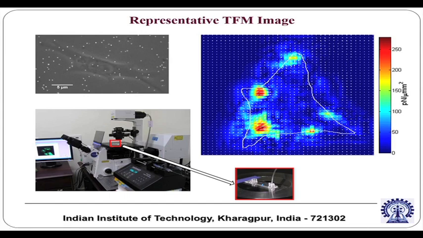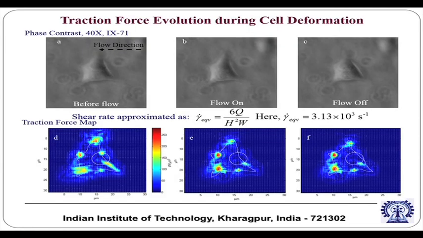In the typical images you can see the contour of the cell adhering to the substrate. The red regions are regions of high stress concentration and the blue regions are regions of low stress concentration, and intermediate colors represent intermediate effects. As a result of this study you can get a nice color map of the distribution of stress on the cell.